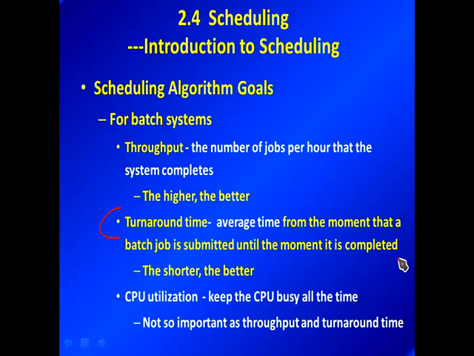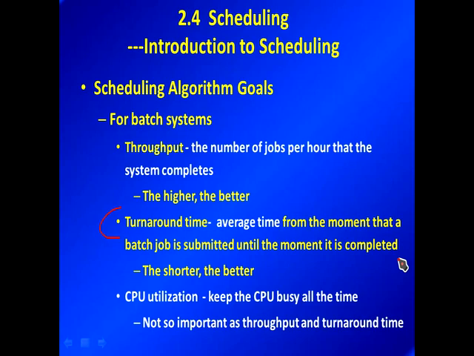So here we just focus on this concept, and you should understand that turnaround time should be shorter. The shorter the turnaround time is, the better the algorithm is. So if we apply multiple scheduling algorithms on exactly the same batch of jobs, then the algorithm with shorter turnaround time will be the better one.